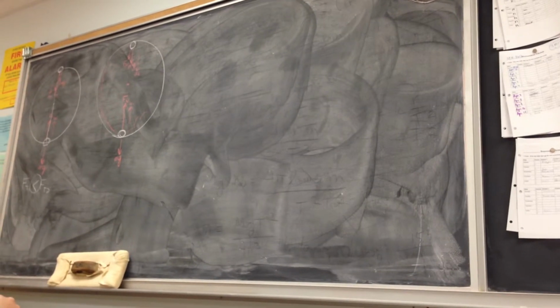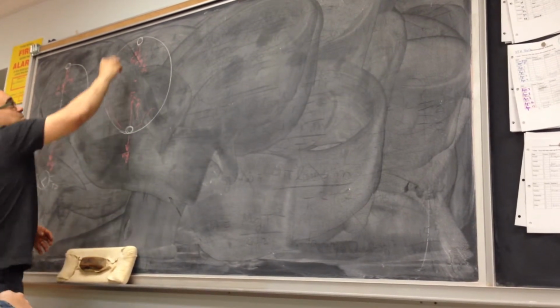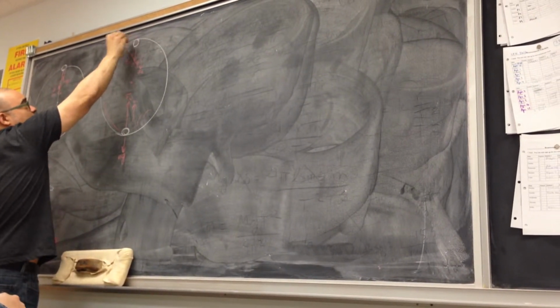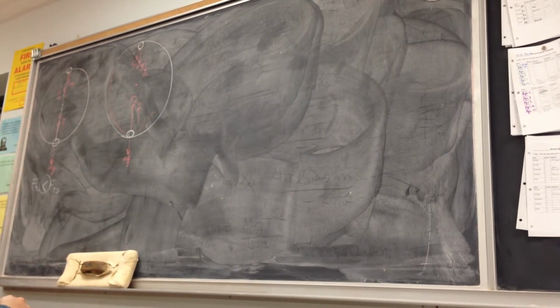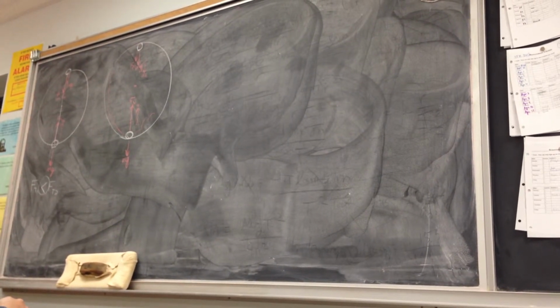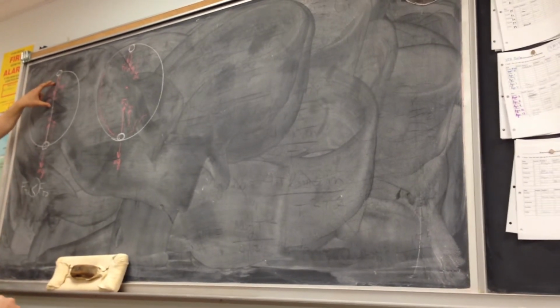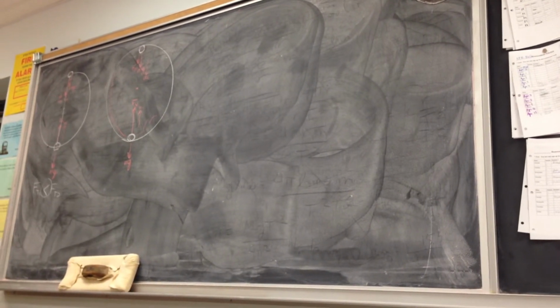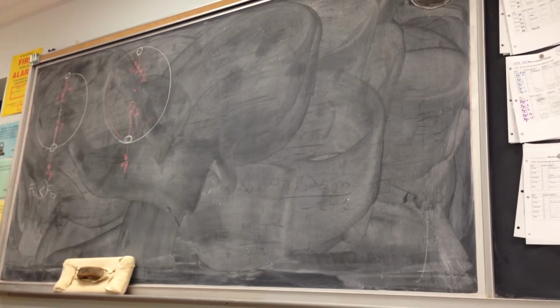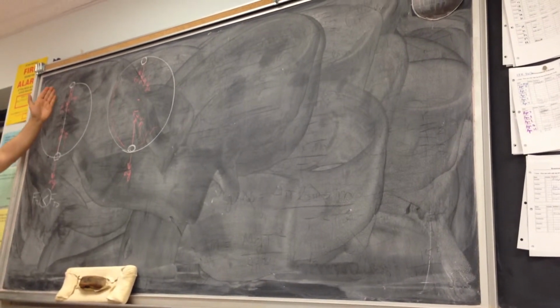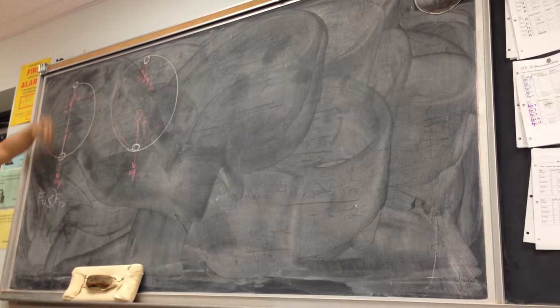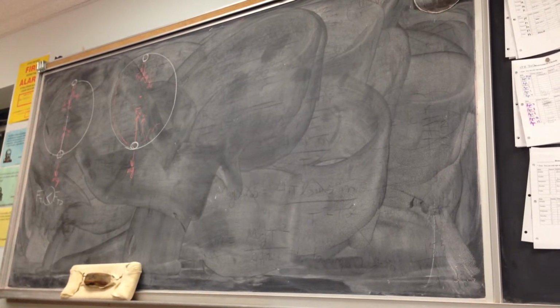So you're looking for that speed. And at that time, it just barely leaves the track at the top. Likewise with the rubber stopper going around, right? Your force of tension goes to 0 for the instant it's at the top. Any slower, and the whole rope is just going to sag and you're going to fall.